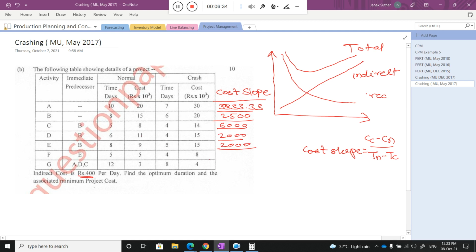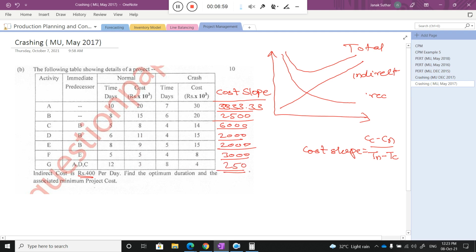And 8 minus 5 is equal to 3,000. 3,000. Okay, 3 divided by 3,000. And when I talk about this one, 4 minus 3 is equal to 1,000. 1,000 divided by 4 is equal to 250.